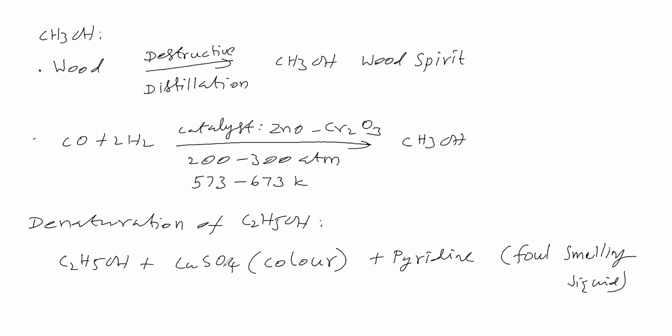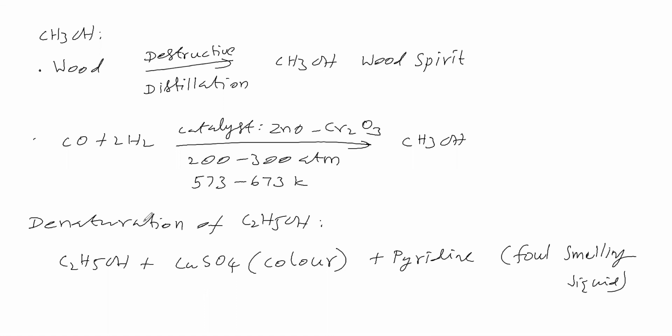Pyridine gives a foul smell on opening, so people will not consume it. To avoid consumption, ethanol is denatured, meaning its nature is spoiled. We add copper sulfate to give color, and pyridine for its foul smell. So this is denaturation of ethanol.